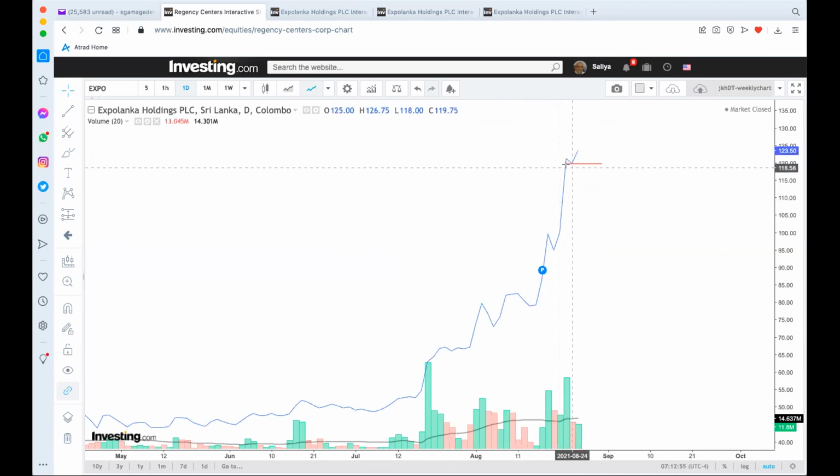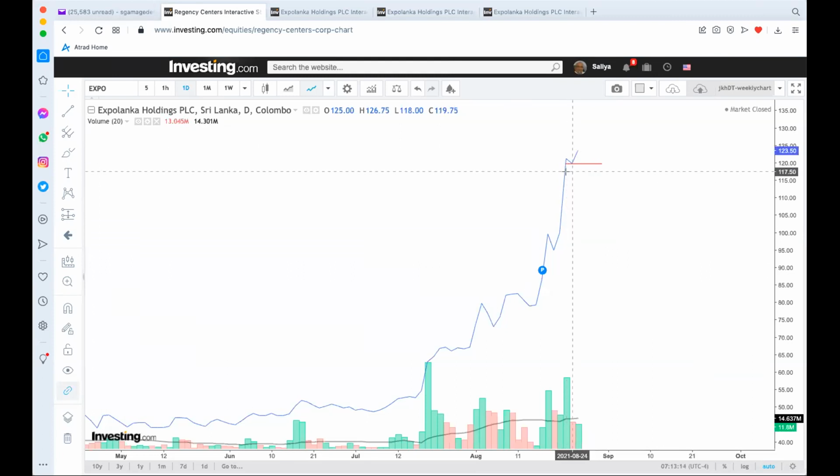That's why there is a low, right? It went up to that level, or rather the close was that on that day, and thereafter it came down to 119.75 and closed, and today it closed at 123.50.